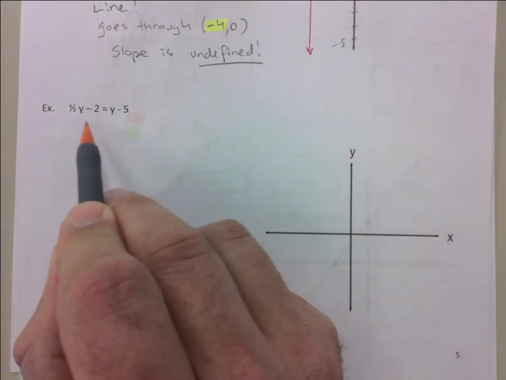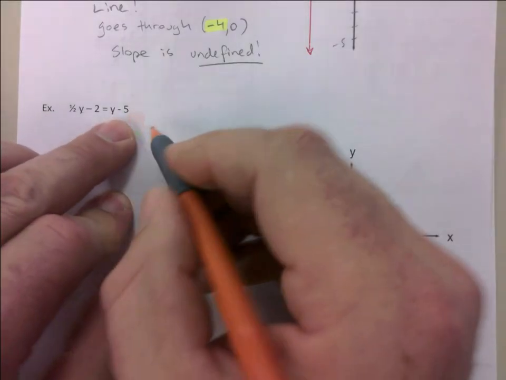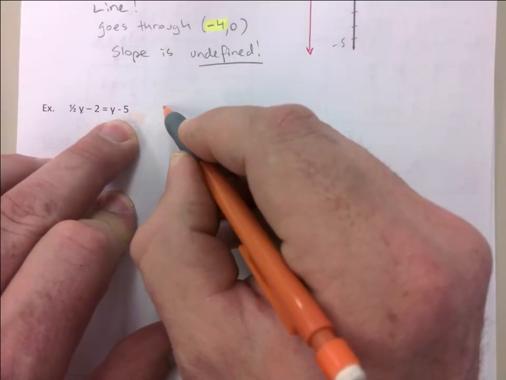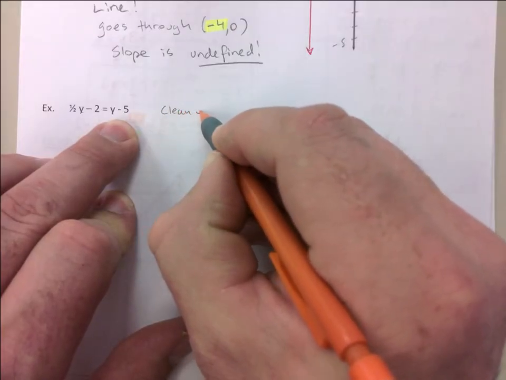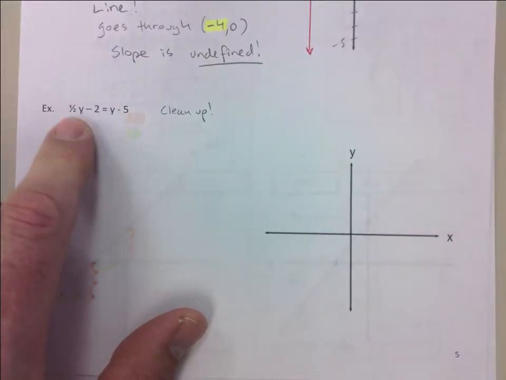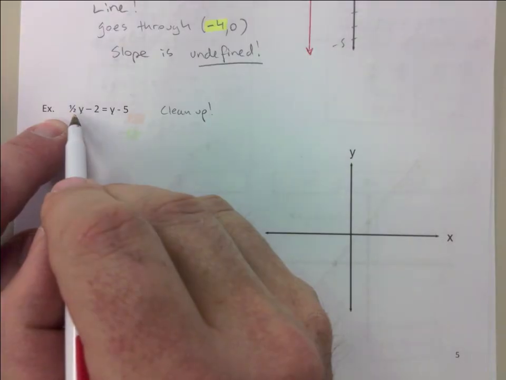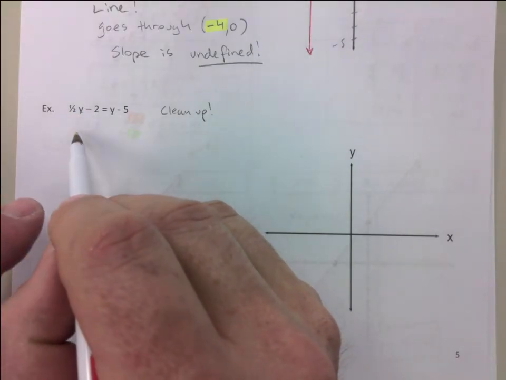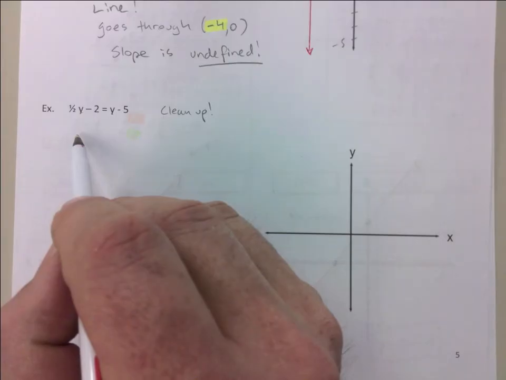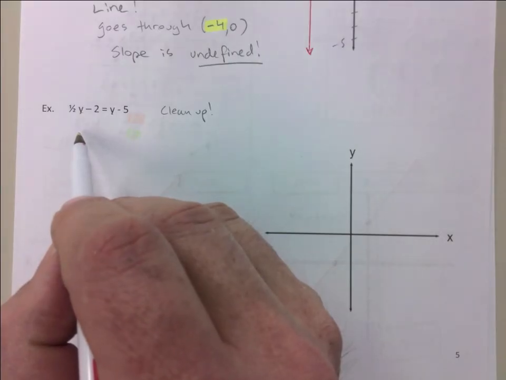There's no x variable. So you can actually, we'll still clean up. Just go ahead and clean up because you've got y and y. We don't like that. May I just say, in general, if you see any fraction or if you see like a number underneath, I want to get rid of that. I want to get rid of any denominator.